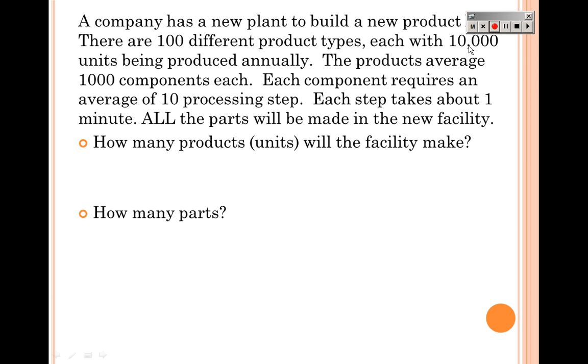For the total number, we do 100 times 10,000. We get 1 million units.